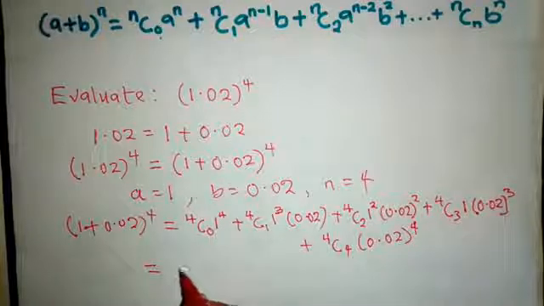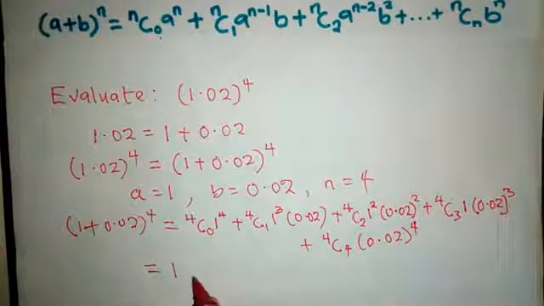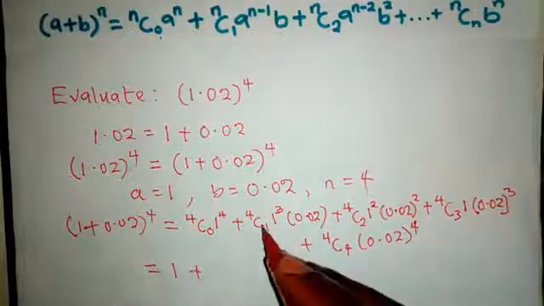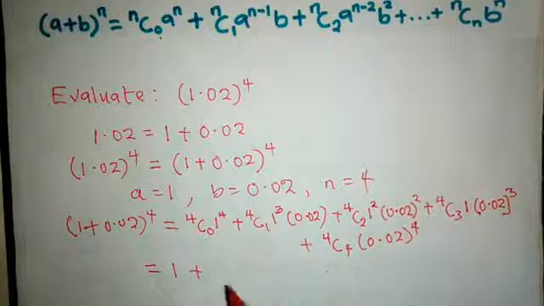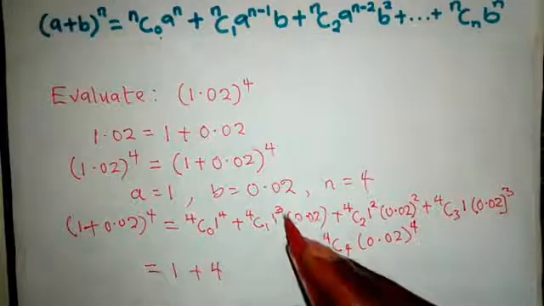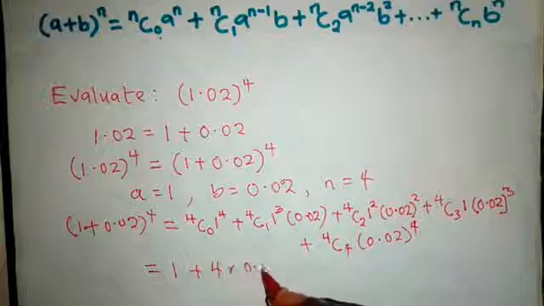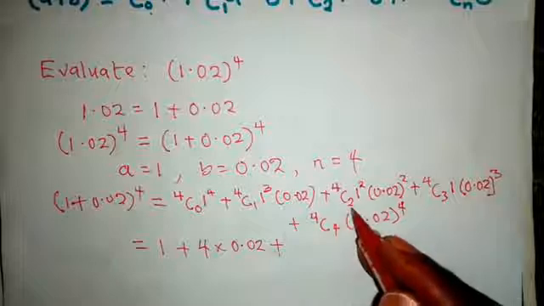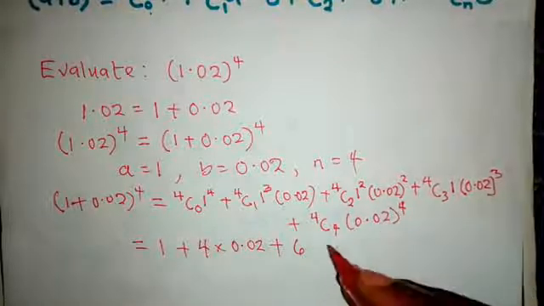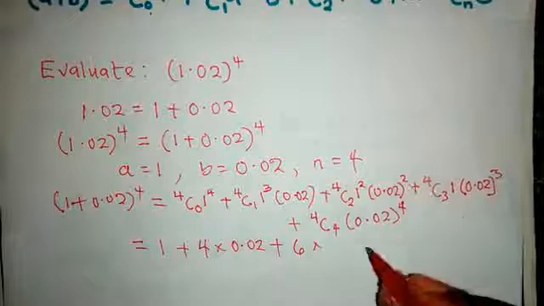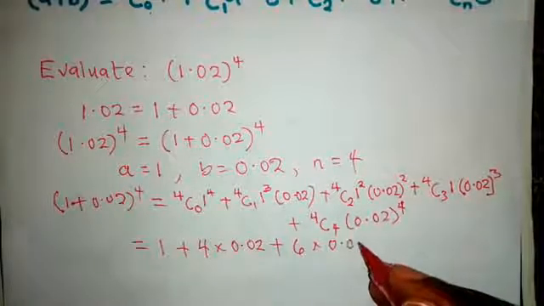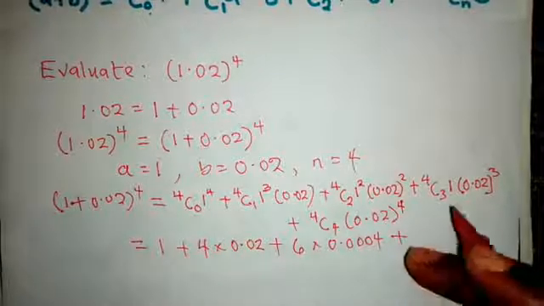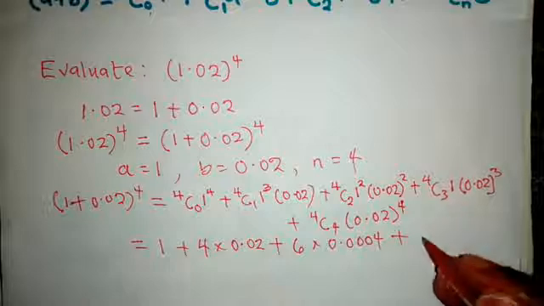So 4 choose 0 is 1. We have 1 to the power of 4, which is 1, plus 4 choose 1. From our previous videos on binomial theorem, we show that this equals 4. 1 to the power of 3 is 1 times 0.02, plus 4 choose 2 is 6 times 0.02 squared is 0.0004, plus 4 choose 3 gives us 4.